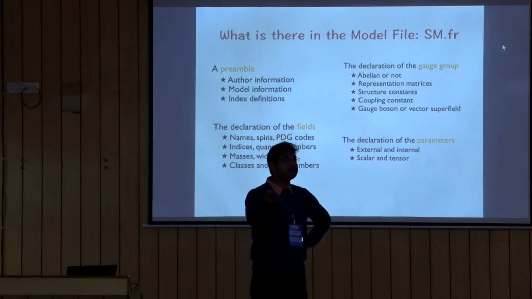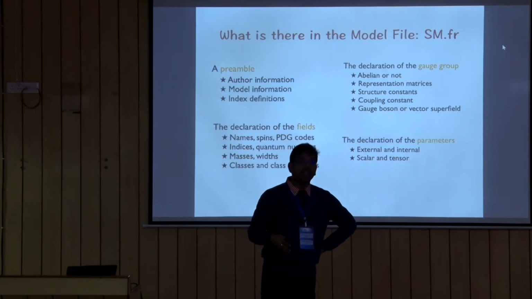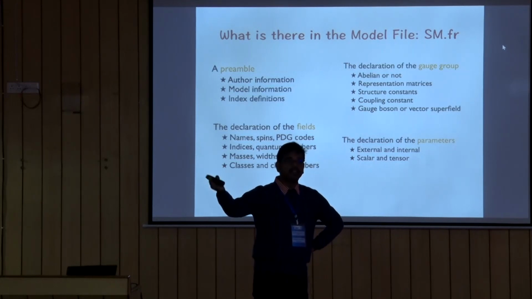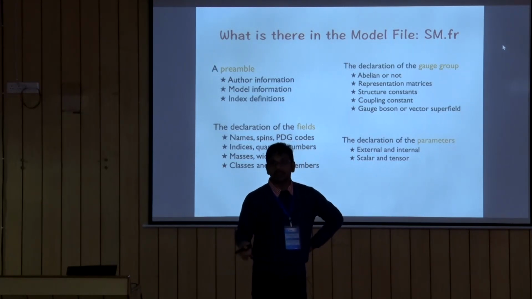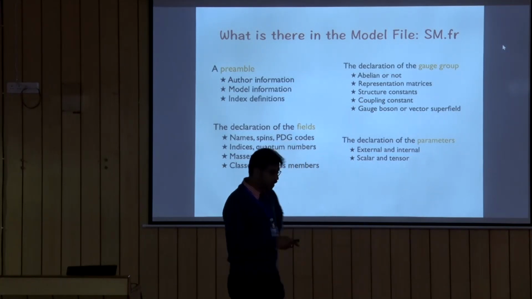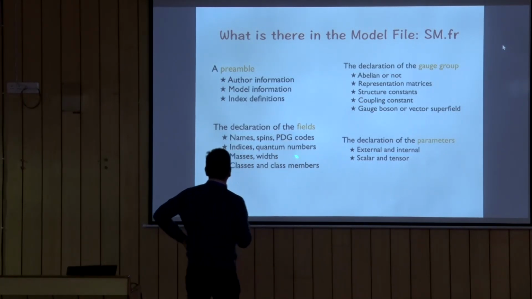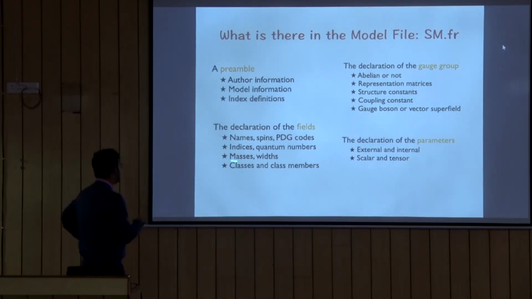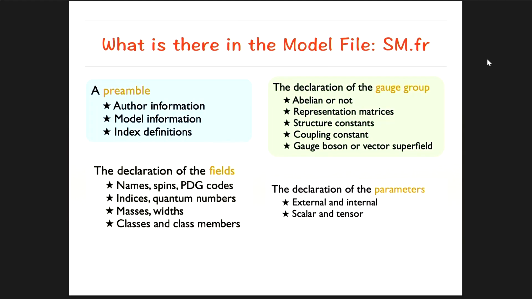But if you have, for example, you want to embed a vector-like fermion and you want to study its prospects, then you have to devise a PDG code that doesn't match with those ones, and then of course you have to define their indices, quantum numbers, the masses, widths, classes, etc.